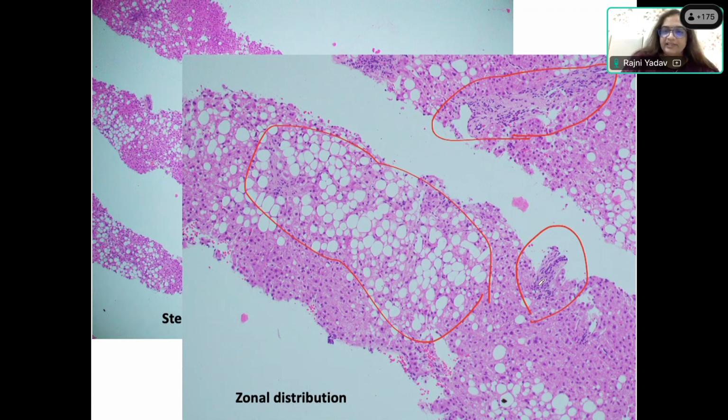If we see the portal areas, the inflammation is not that much. If the inflammation in the portal area is not much, then we think that it is not a viral hepatitis or autoimmune. Hepatitic patterns mostly have inflammation dominating over the portal area. So this is a disease which is focusing on the lobule, and it is more steatotic, and it is based upon zone 3 and zone 2.